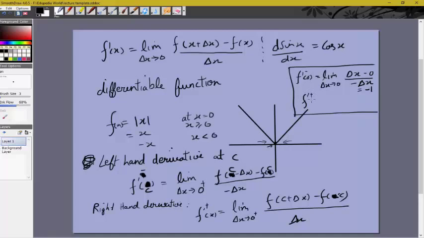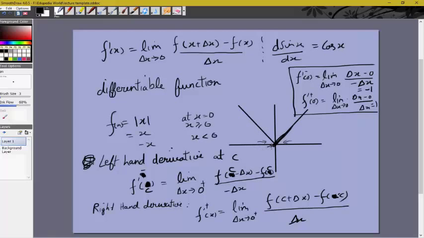What is f dash plus of 0? Limit delta x goes to 0, f of c plus delta x. C is 0 here, so f of delta x, which for positive x is delta x minus 0 by delta x, which gives us 1, and we know that the slope here indeed is 1.